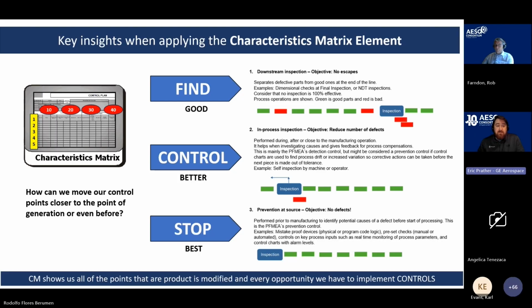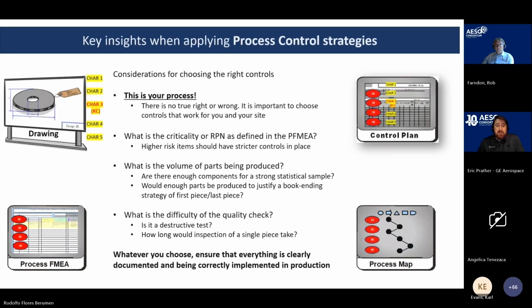If you go to the next slide, please. So we keep talking about controls, and one thing that comes up a lot is the process control strategy. How do we choose what controls to use? There's no right or wrong answer. Considerations for choosing the controls, these are some of the big questions that we ask. First things first, this is your process.